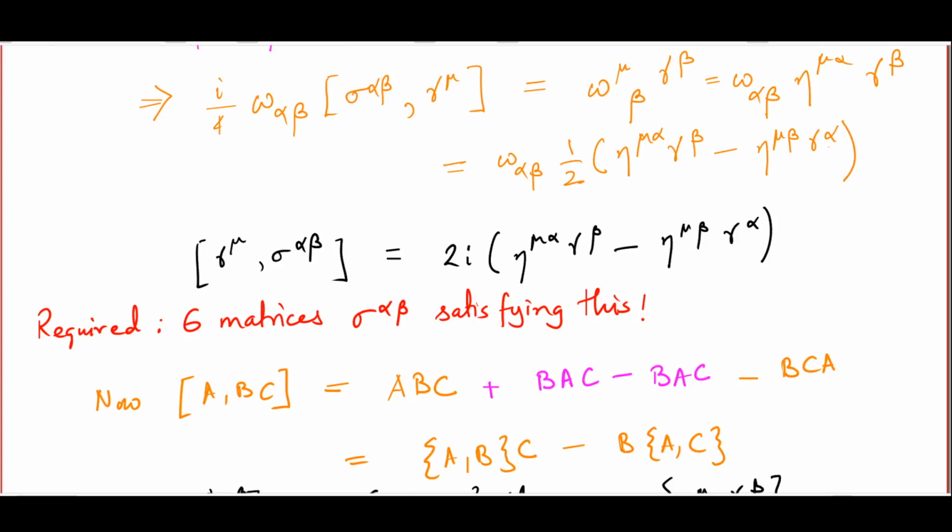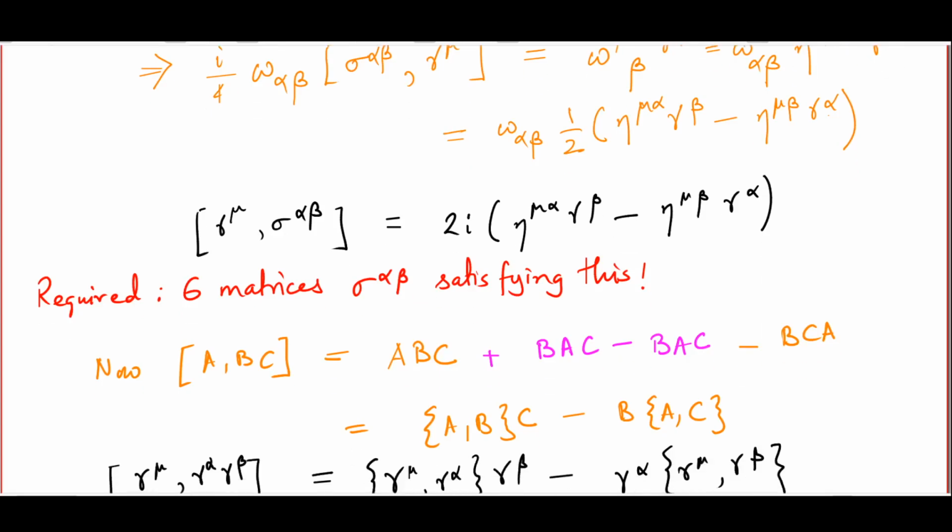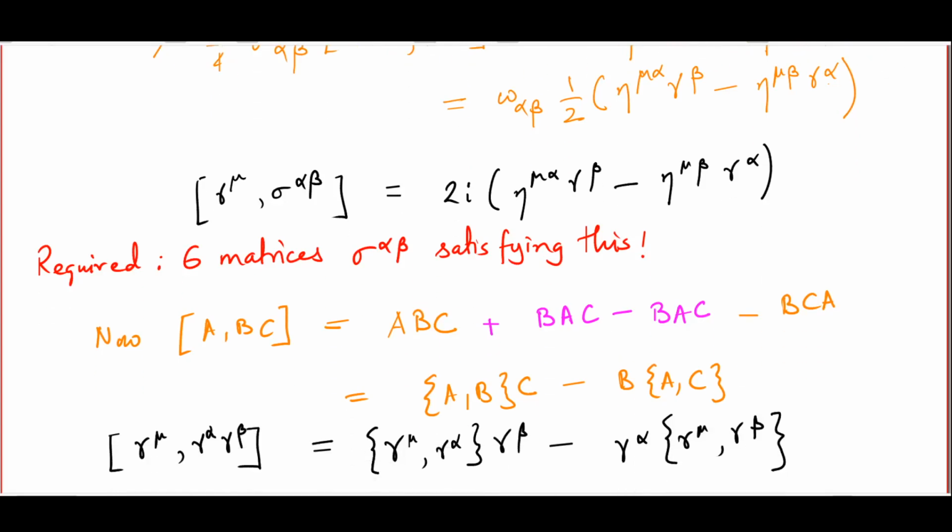Given the fact that eta mu alpha times the identity is related to the anti-commutator of gamma mu and gamma alpha, it should be a rather obvious thing to try the product gamma alpha gamma beta here. So let's try the commutator of gamma mu with gamma alpha gamma beta.